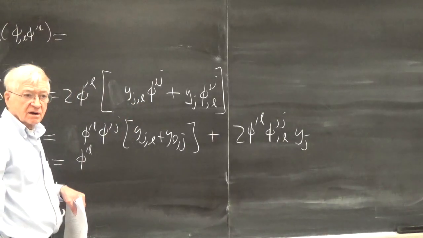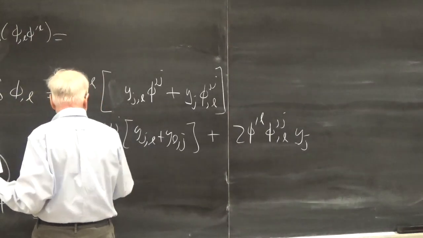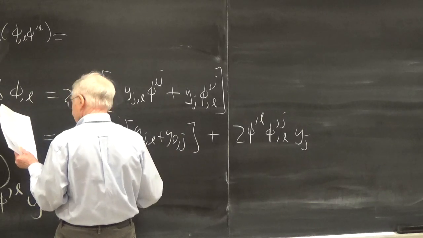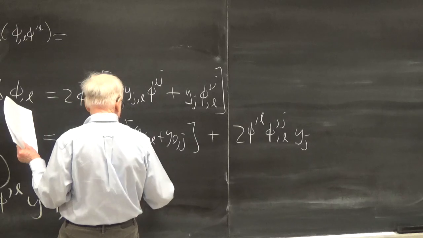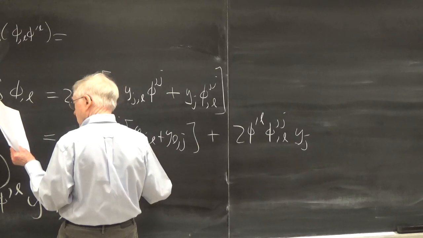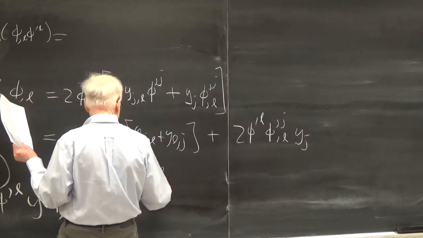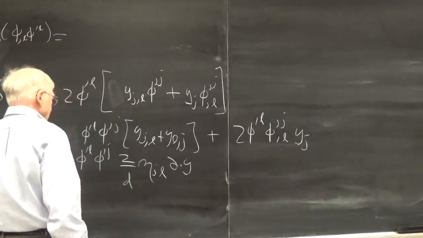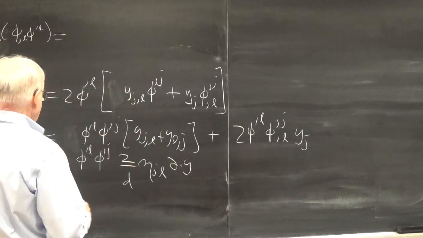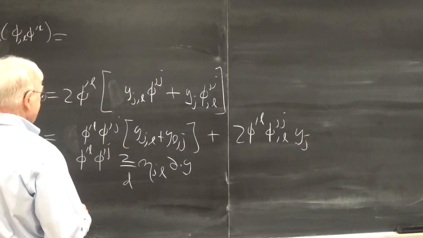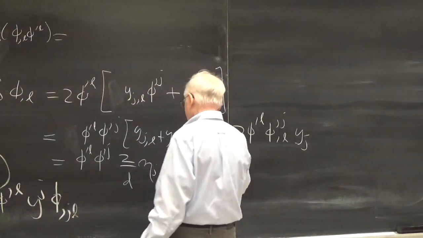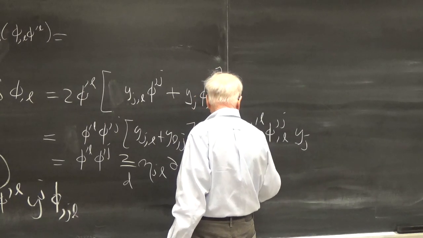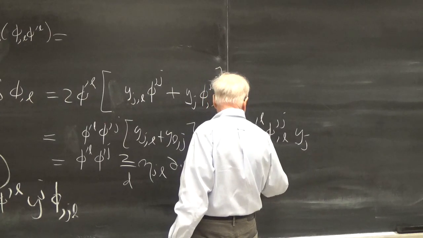And so we have phi comma L, phi comma J, and this thing is 2 over D, eta_JL times the divergence of Y. So that's one term. And then the other term is plus 2 y^j phi comma L, phi comma L comma J.